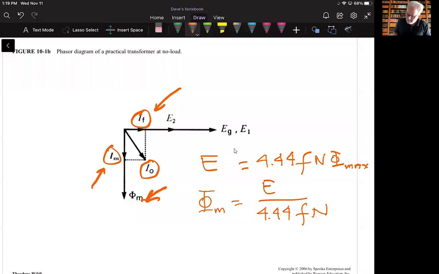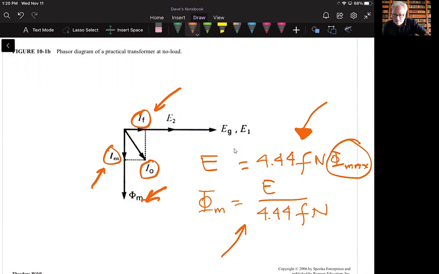For a little flashback, equation 9.2 was the equation we derived for the voltage when we were looking at the ideal transformer. If we solve that for the flux, we end up with this equation that you see on page 198. So that's where that comes from.